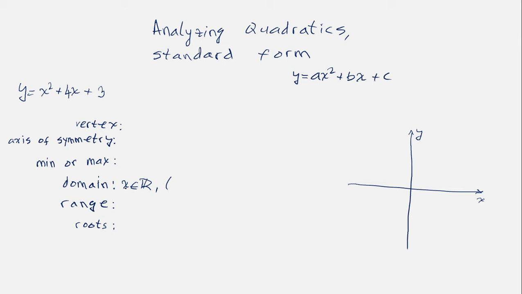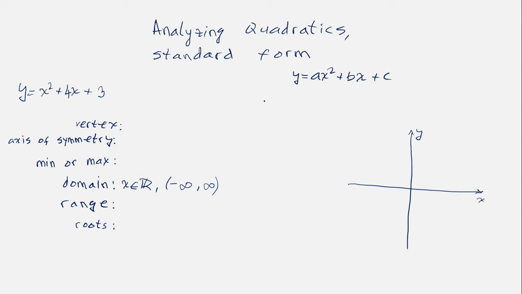So we can say x belongs to all real numbers, or anything from negative infinity to positive infinity. Okay. Now, to calculate the range, we would actually have to know where the vertex is and which way the parabola opens. So let's first figure out the vertex.